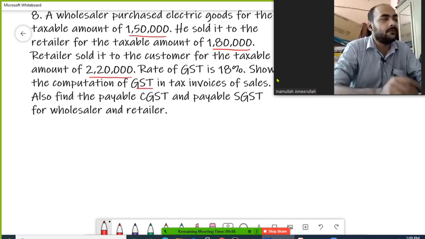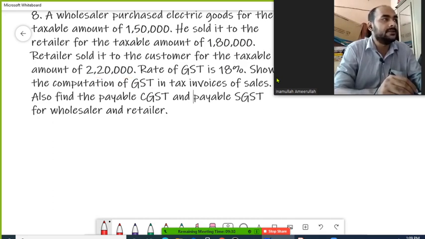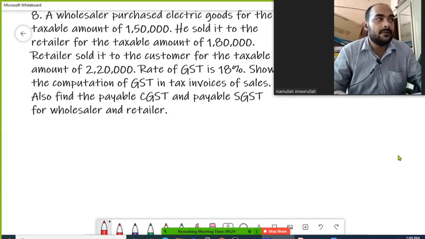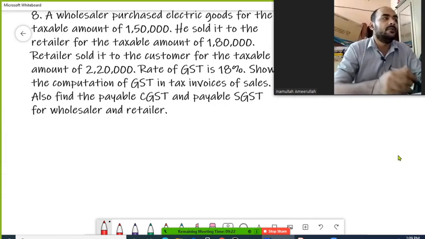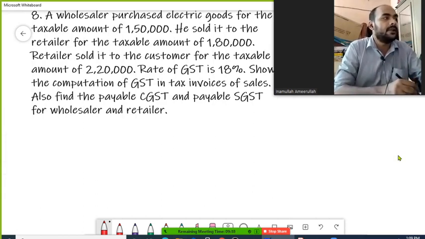So first we need to calculate the GST amount. Also find payable CGST and payable SGST for wholesaler and retailer. So basically we need to calculate the GST amount, and after that we need to calculate CGST and SGST at every stage of transaction. And especially we need to focus on the wholesaler and retailer. So we will make two separate calculations, one for the wholesaler.